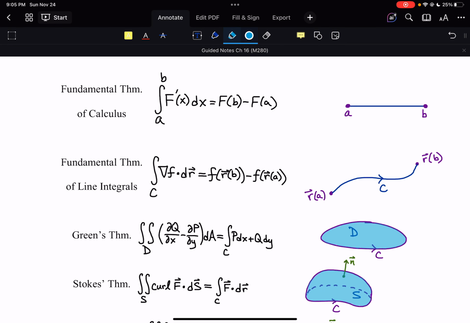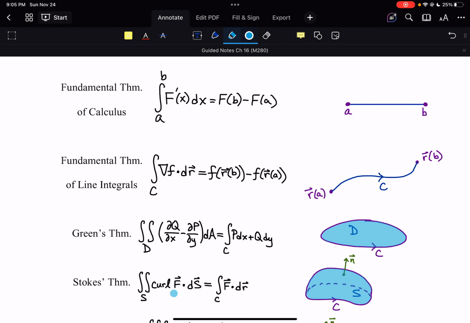Then we get to today. Stokes' theorem. I've reversed the order to help make this point a little more clearly. In Stokes' theorem, we have the surface integral over S, so S is everything in here, of the curl of F. And remember, the curl involves the partial derivatives with respect to x, y, and z.